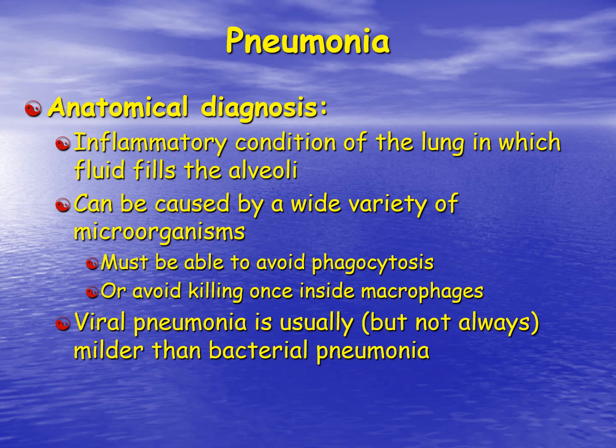Viral pneumonia is usually, but not always, milder than bacterial pneumonia. And fungi can cause pneumonia as well. In fact, we have some resident fungi that can result in pneumonia under immune compromising situations.